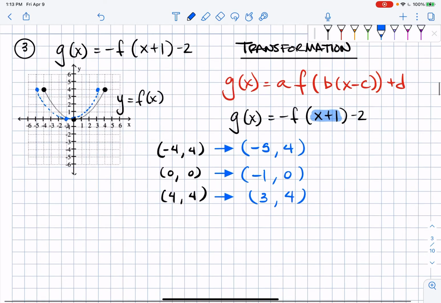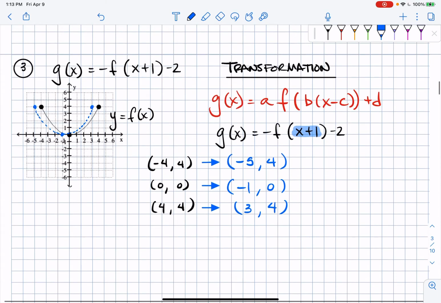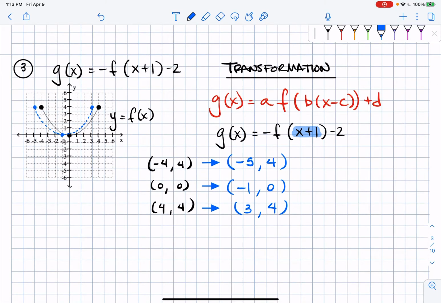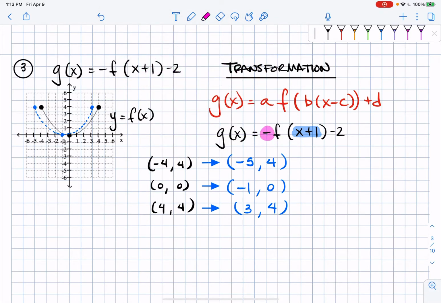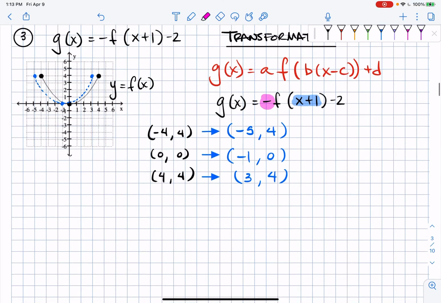With that being said, now what do I do next? Do I do that negative 2, or do I do that negative in front of the f of x? Well, order of operations says what? Do I do addition, subtraction first, or multiplication, division first? That's the key right there. I have to deal with this multiplication next.